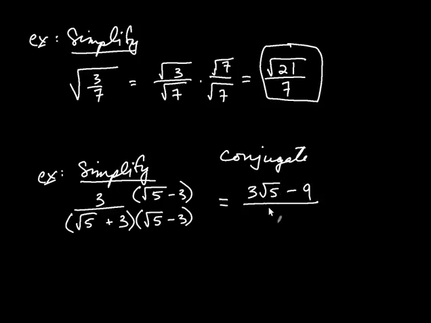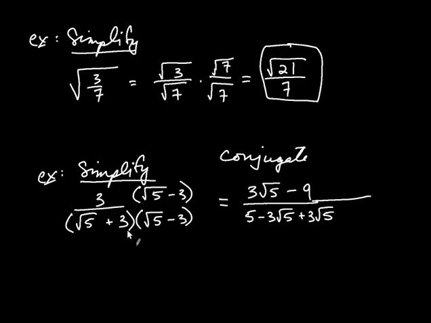And then divided by, and watch the magic now in the denominator. The square root of 5 times the square root of 5 is 5. That's no surprise. Okay, now root 5 times negative 3 is negative 3 root 5. And then go on to the 3. 3 times root 5 is positive 3 root 5.